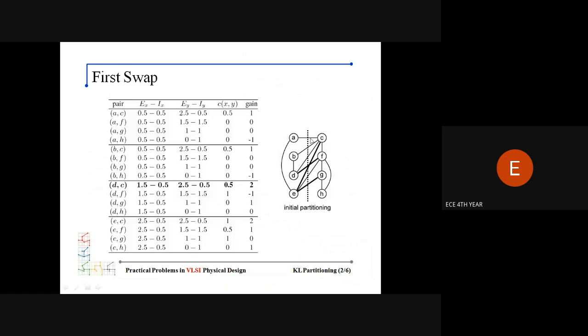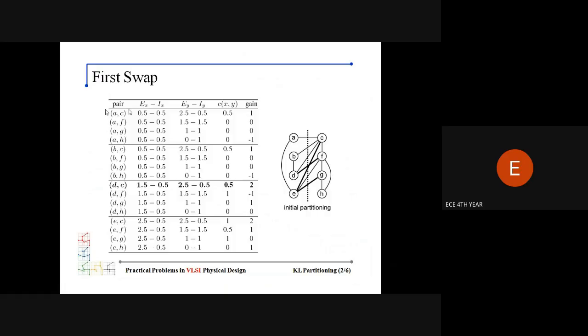Thin line means it is having a cost of 0.5. That is why under EX it is written 0.5. Next, internal edge. How many internal edges is A having? Only 1. And that is again thin. So 0.5. So 0.5 minus 0.5.